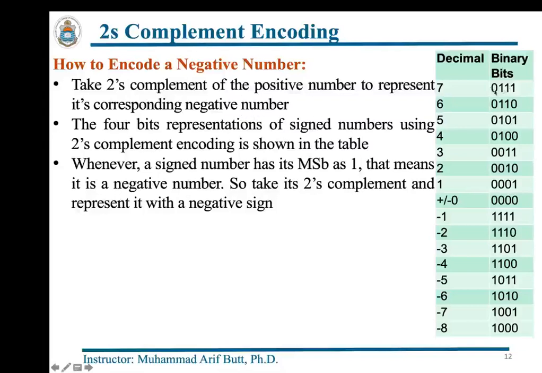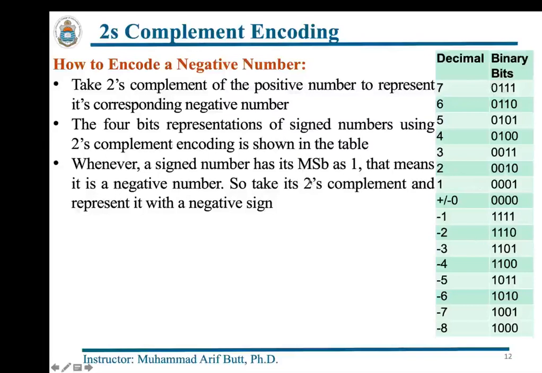So if this is +7, which is 0 1 1 1, you need to take its 2's complement, which is 1 0 0 1, which makes it -7. So whenever you want to represent a number with a negative sign, you take its 2's complement. The 4-bit representation is all shown over here.